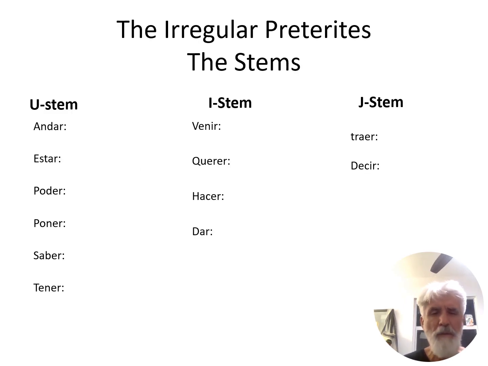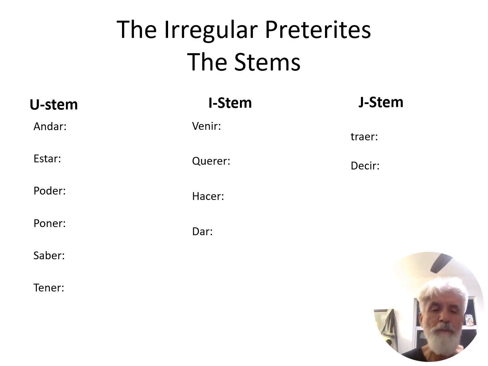Okay, so the irregular preterites can be broken down into three classifications. It just makes it a little easier, okay? The stems of these verbs, when you put them in the preterite tense, are irregular.